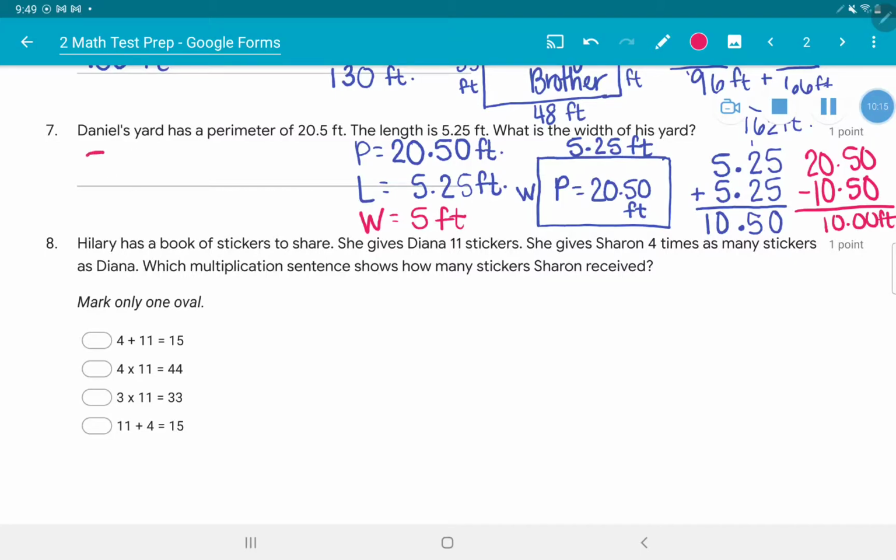That problem looked really scary, didn't it, when we started? Was it as hard as it looked? No. You are smarter than you think. Let's say that together. I am smarter than I think. Say it again. I am smarter than I think.